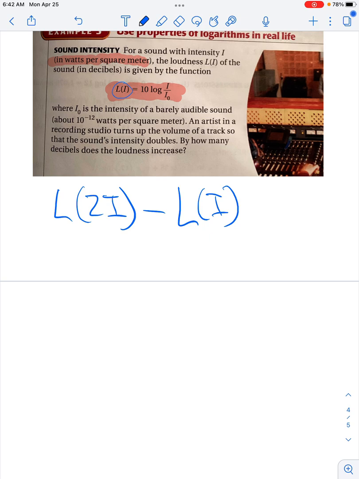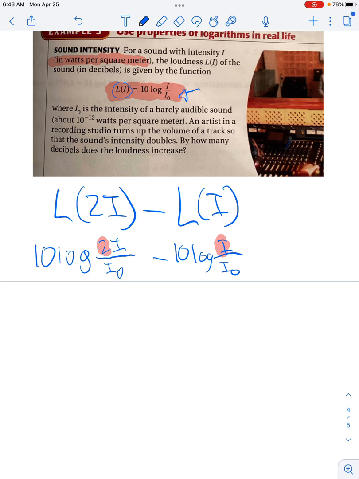So if I look at my function, this is 10 log of, every time I see an I, 2I over I sub 0, minus, I forgot the 10, minus 10 log I over I sub 0. So really the only difference is this term right here.